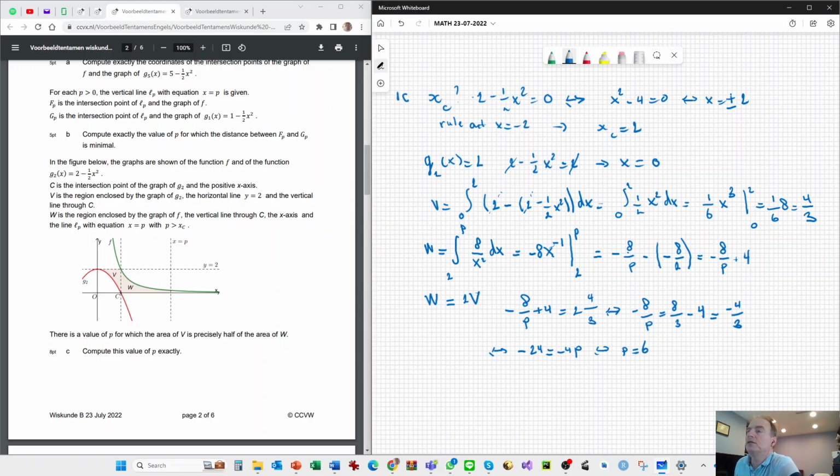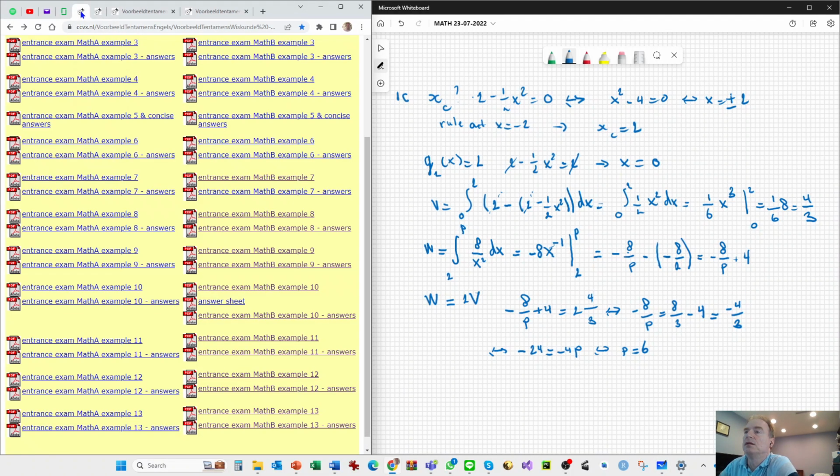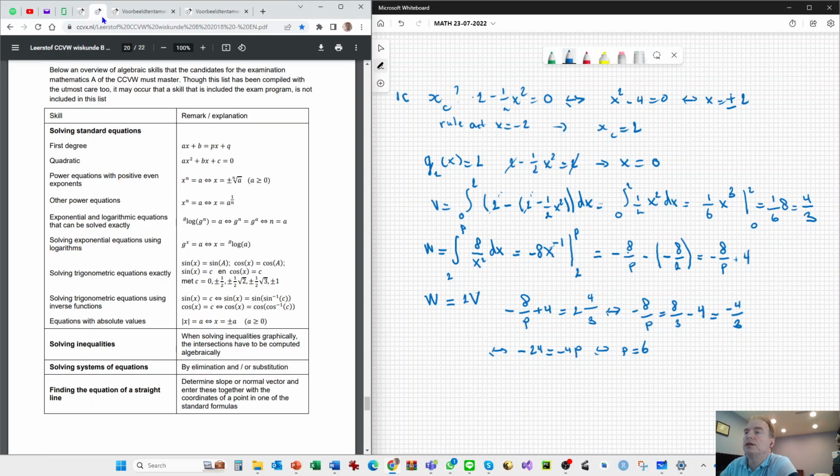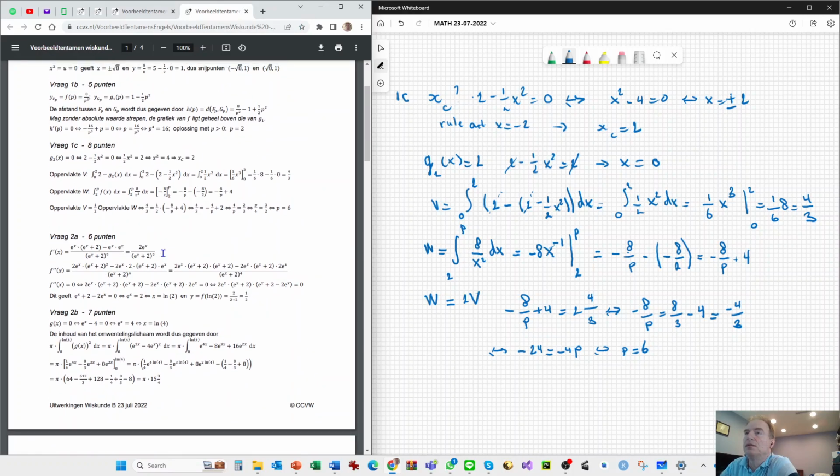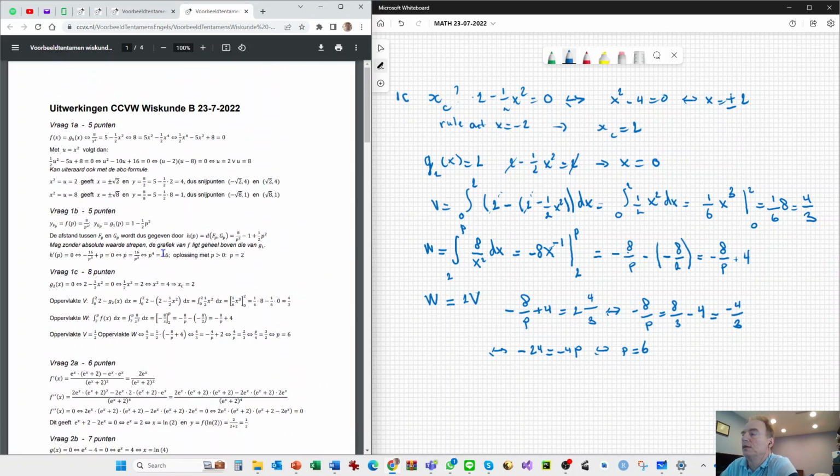It's best when you do this to go over it again to be sure no mistakes are made. I have the answer sheet somewhere. But the answer here is correct.